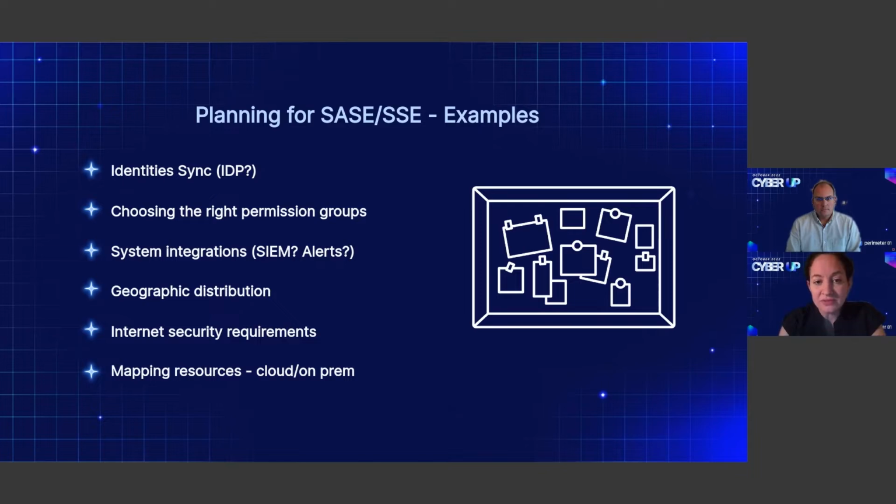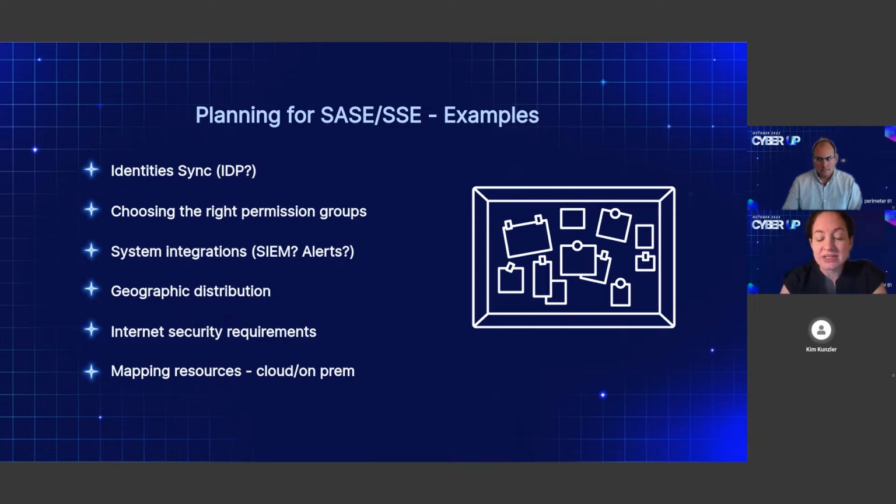So it's important to define those groups and make sure that once you configure your SASE platform with the security policy, you assign each group the right permissions they need to get in order to do their job.